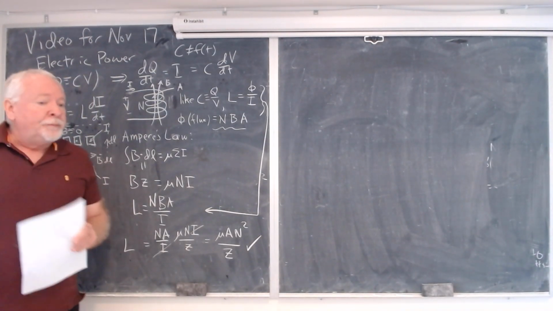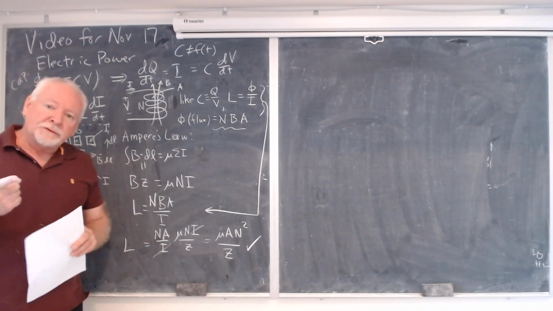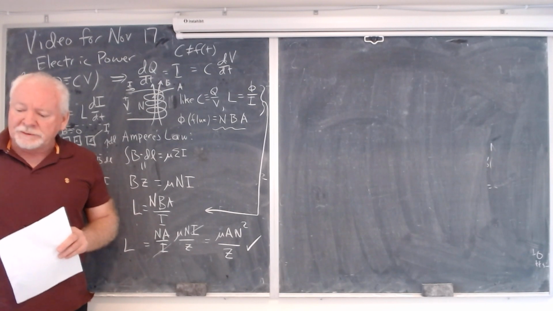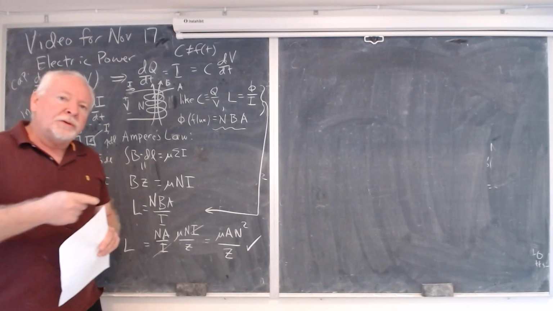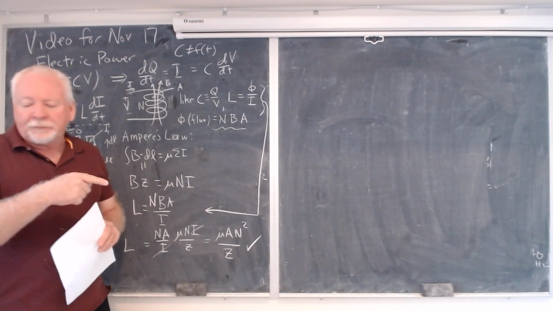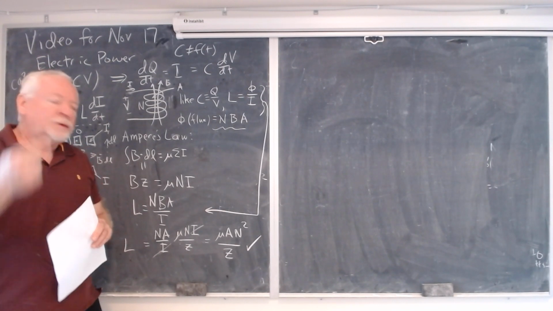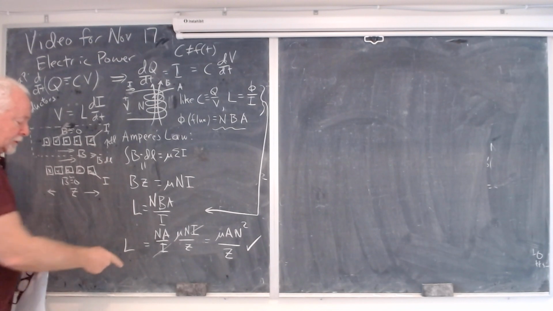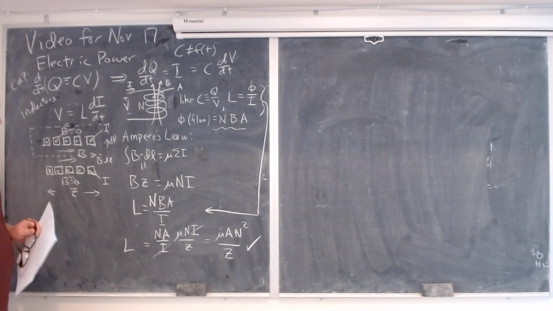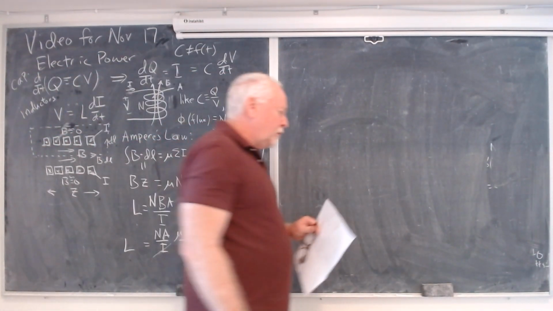Okay, so to reiterate: Coulomb's law to Gauss's law to the capacitance of a parallel plate capacitor. Ampere's law, the first part, which is the understanding of the forces between current carrying wires, to the actual Ampere's law, to the inductance of a coil. And so now we have C and L. R, we've introduced throughout the course.